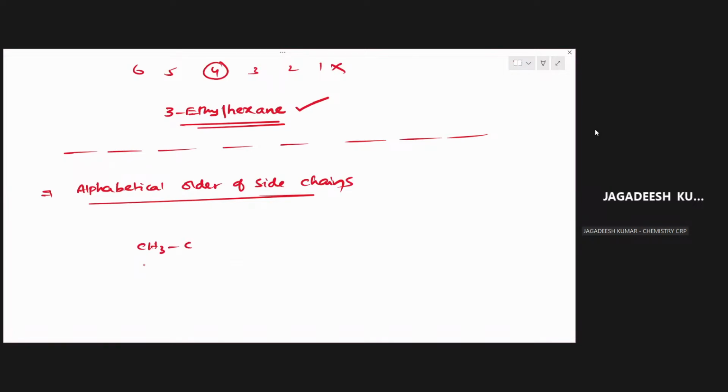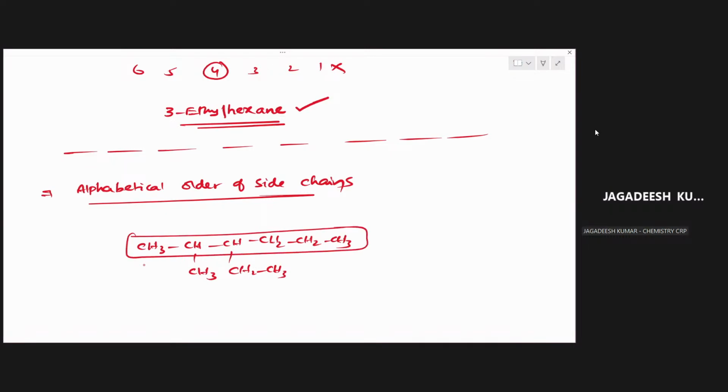I'm taking one example: CH3, CH, CH3 here, CH, CH2, CH2, CH3, and here CH2, CH3. Let us see this example. First of all, we should select the longest chain as usual. The straight chain is the longest chain.